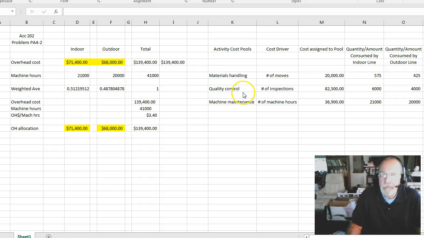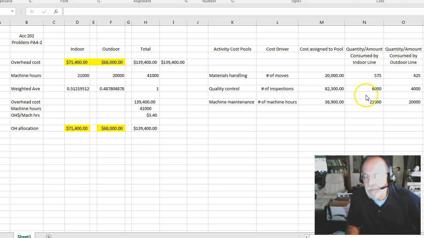Same thing for the next activity cost pool, quality control, cost driver being number of inspections. So we want to show the percentage of the total number of inspections that relate to the indoor line, and the percentage of the total number of inspections that relate to the outdoor line.